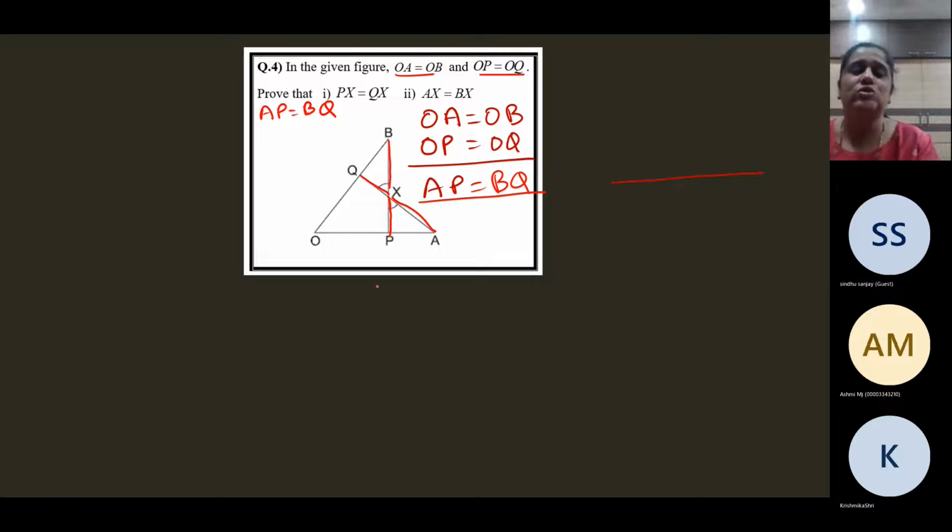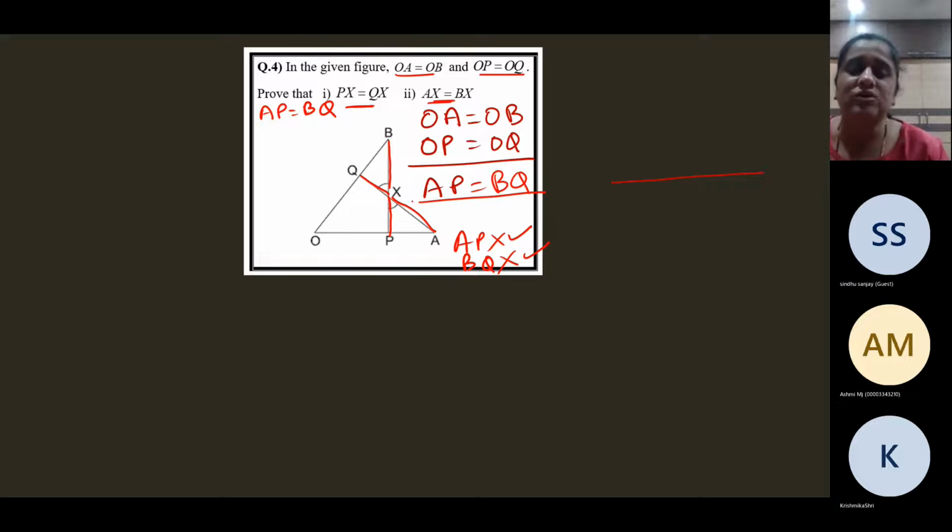Clearly, the line segments AX and PX are in the triangle APX, and the line segments BX and QX are in another triangle BQX. To prove these two results, we have to take up these two triangles, show that they are congruent, and then by CPCT you can get the two results.